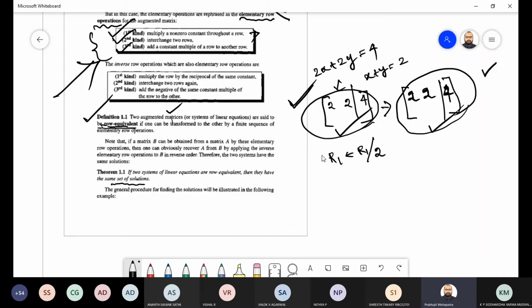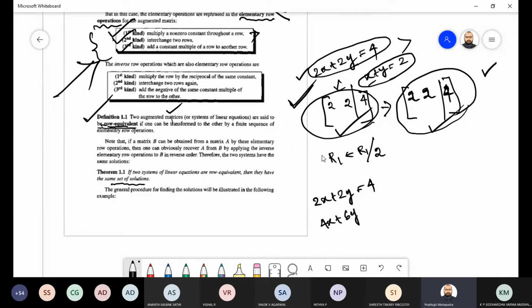Yeah, exactly the same thing we discussed. Because if you are writing 2x plus 2y equal to 4, or you are writing x plus y equal to 2, they are having the same solution. Here I have taken only one equation. You can take multiple equations. For example, if one problem is 2x plus 2y equal to 4, another is 4x plus 6y equal to 8. This is one system of equations, and from here we can reduce.